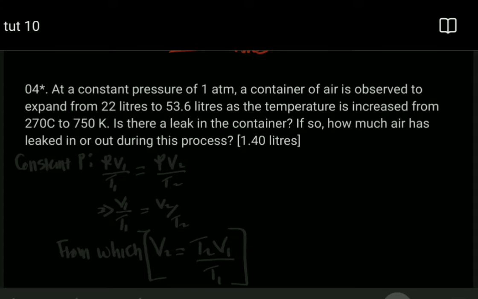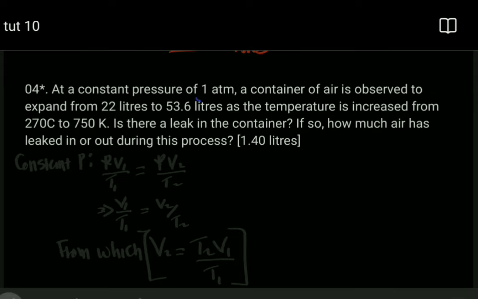Okay, so notice here that the observed final volume is 53.6 liters. Okay, so now using the values of the initial volume and the change in the temperature, we are going to obtain another value of V2, which is more like the theoretical value, and then we compare that value to the actual value which is given in the question.